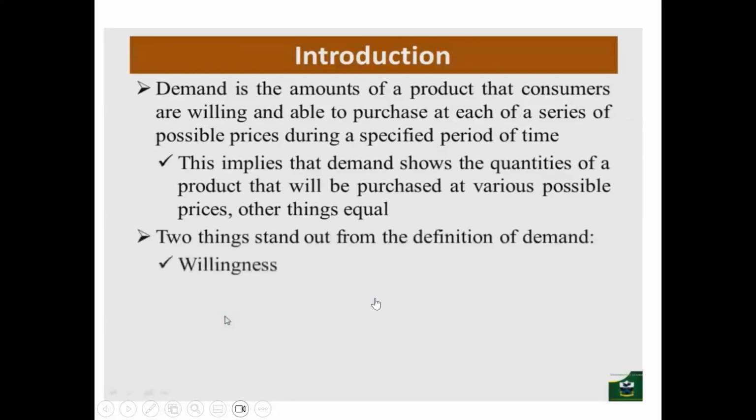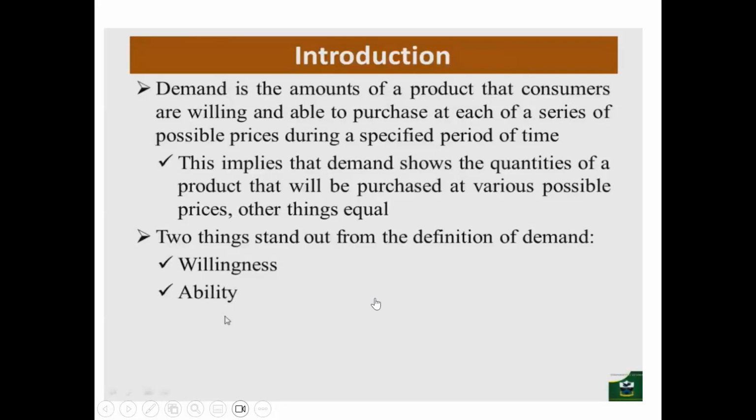Therefore, we should note two main things that stand out from the definition of demand. Number one is that we are seeing the willingness of consumers to purchase the commodities at various possible prices. So the consumer must be willing to obtain the items. Not only should the consumer be willing, but the consumer must also be able to buy those commodities. This means that for demand to be defined, an individual consumer or a group of consumers must be willing and able.